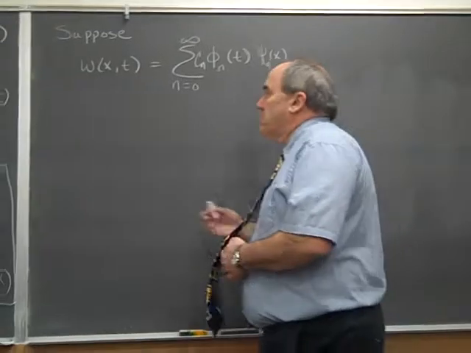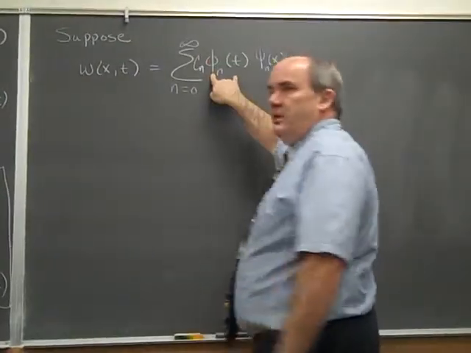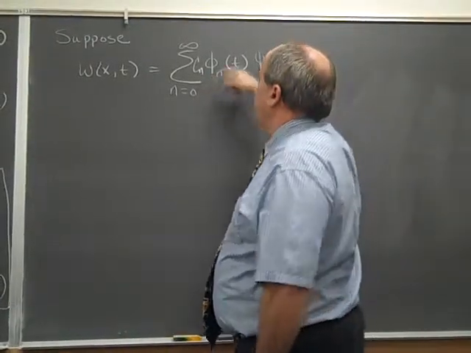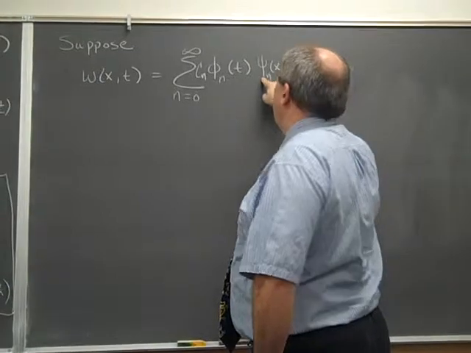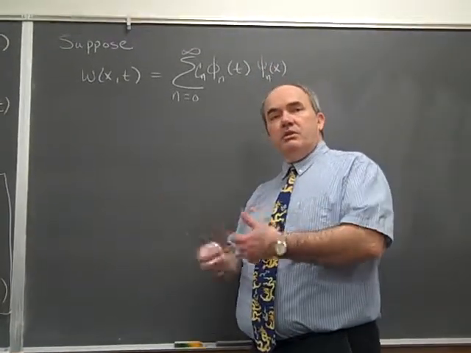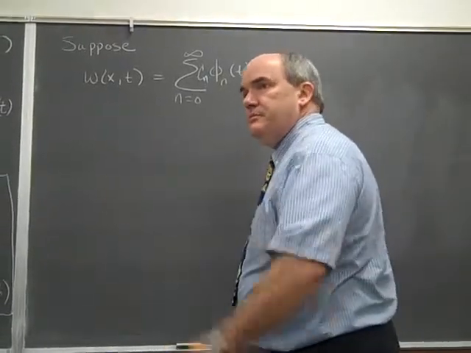It seems semi-reasonable to believe that I could then pick my phi sub t's so that I could pick up the t dependence in here, and these basis functions would take care of all the x dependence. And in the end, I would end up with something that actually works.